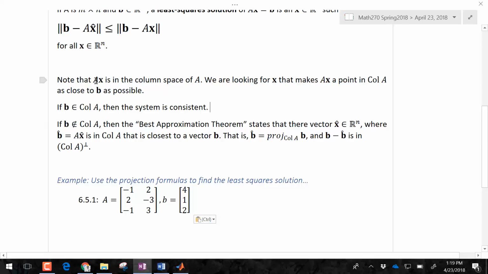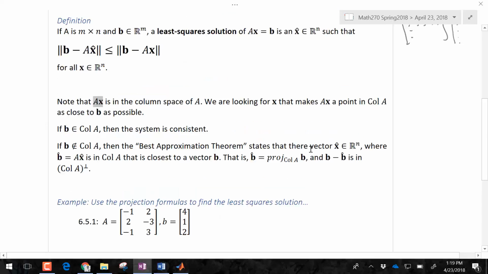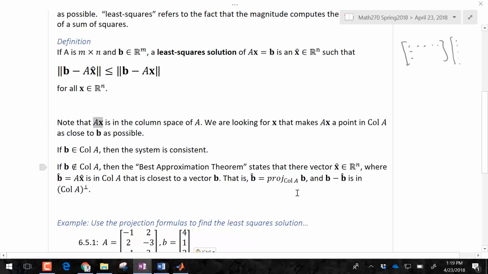Here's our scenario. Ax is actually in the column space.